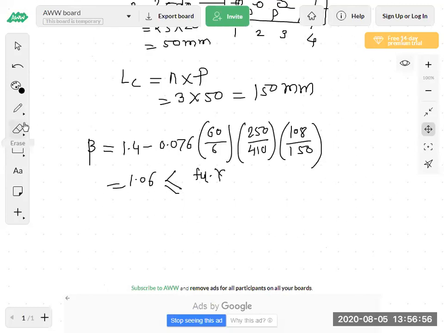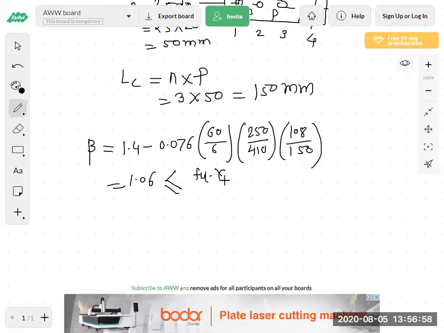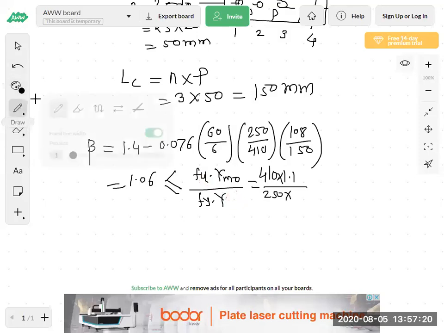So Fu into gamma m naught divided by Fy into gamma m1. So this value is Fu 410, gamma m naught is 1.1, divided by Fy 250 into gamma, sorry, here gamma m1 is there, no? This is gamma m1, 1.25.